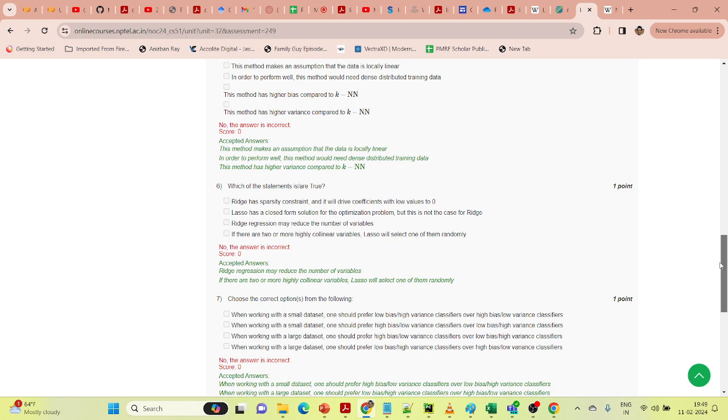So as you can see, these are not exactly correct actually. It says it reduces the number of variables. It makes them close to 0, but not exactly 0.